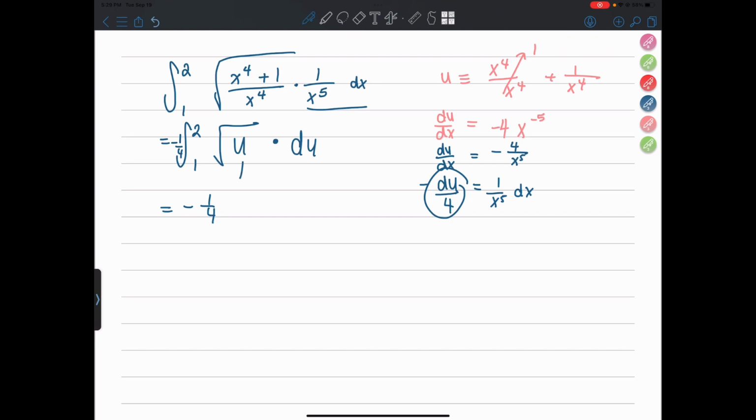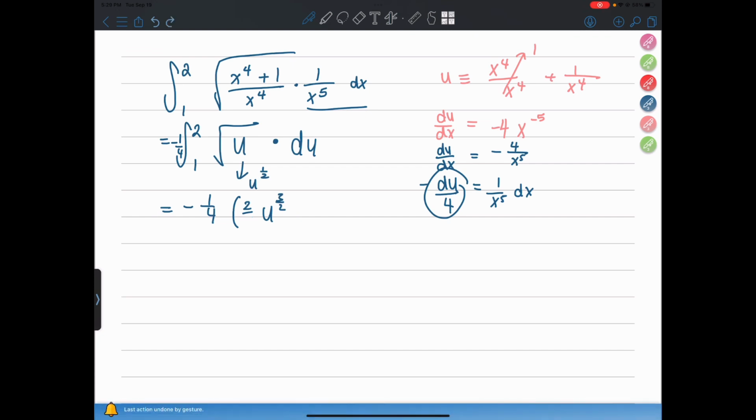We can find the antiderivative of this by imagining this is u to the 1/2. So that means that the antiderivative should be this, right? And then we are good. Don't forget our bounds. So I usually like to do it in square brackets.